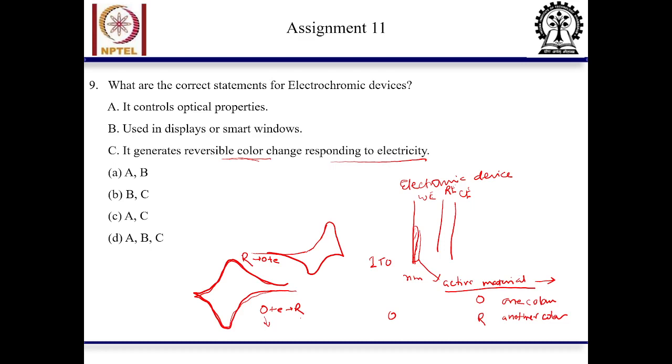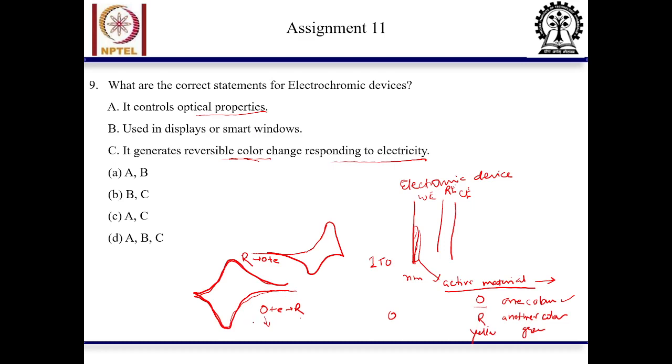That is the first criterion. It controls the optical property. Suppose one color is yellowish and the other is more or less green. So it has two colors, with the optical property in the oxidized condition and the reduced condition. It generates the reversible color change responding to the electricity.